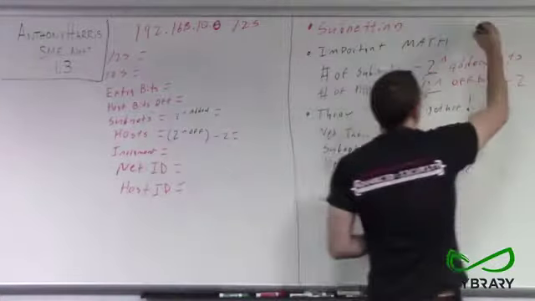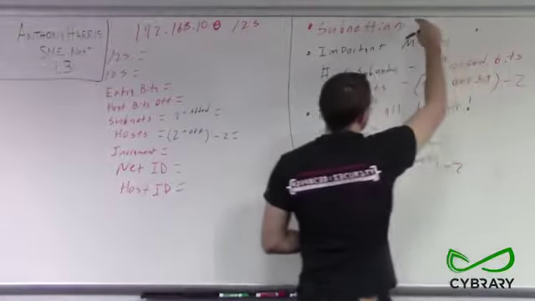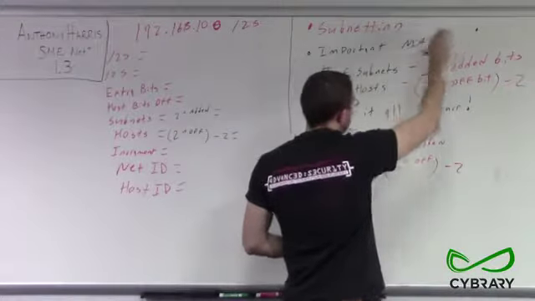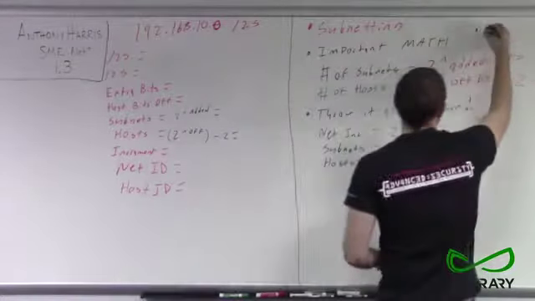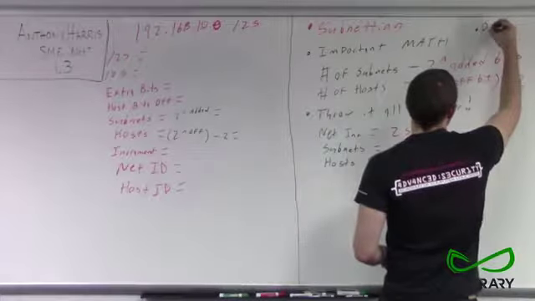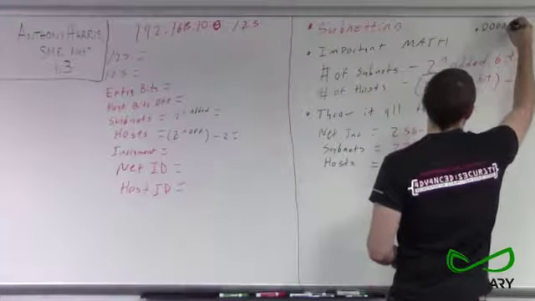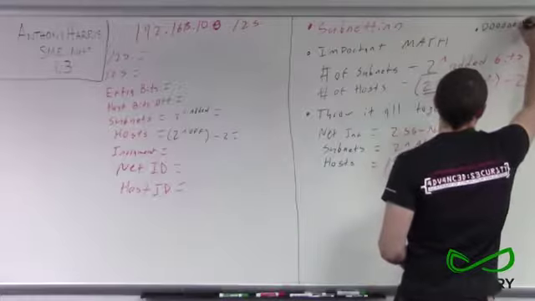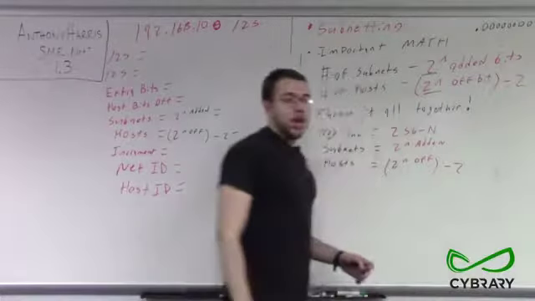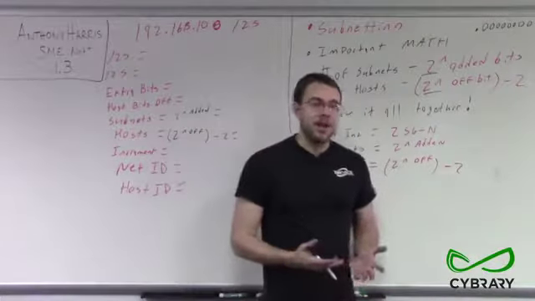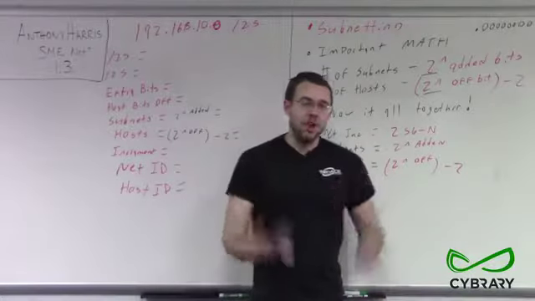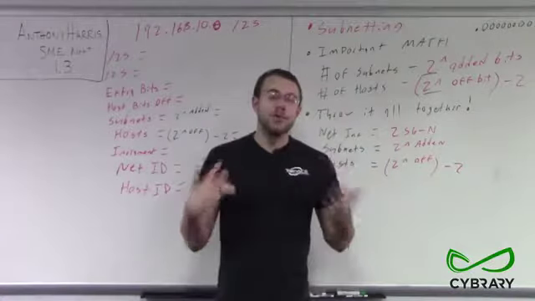In binary, that would show up as 1s all the way down into our last octet, which would be 00000000. But we changed our last octet when we did our subnetting. Instead of 0, it's 240.